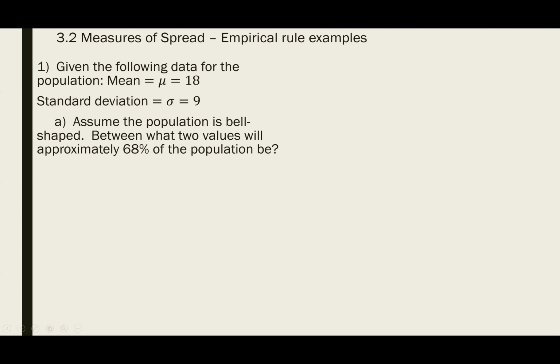Between what two values will approximately 68% of my data fall? So we know that 68% of data is within one standard deviation. The question is asking what units will cover that 68% of the data.